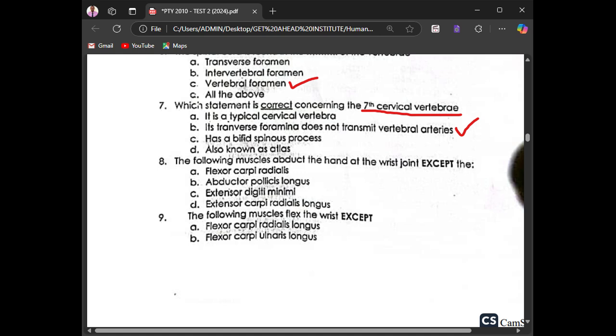And so after that fusion, it becomes the dens of C2. So as a result, there is no intervertebral disc between C1 and C2. And then C2 is also known as the axis. C2 basically has what we call the dens or odontoid process, and it ends up forming the atlantoaxial joint.